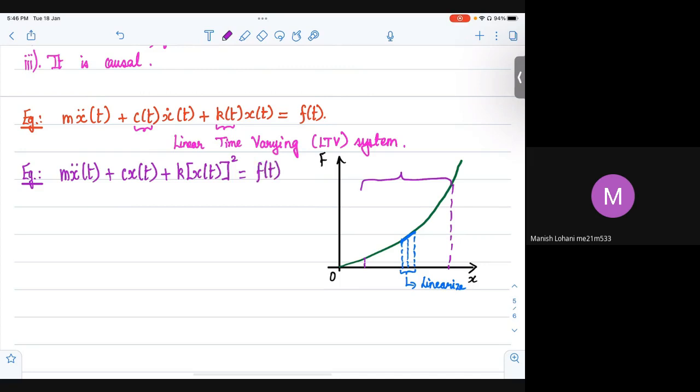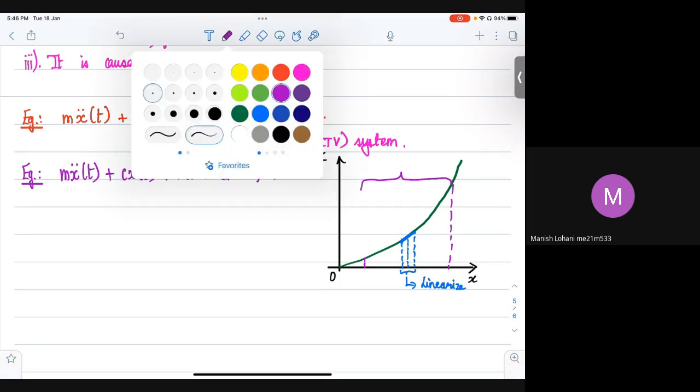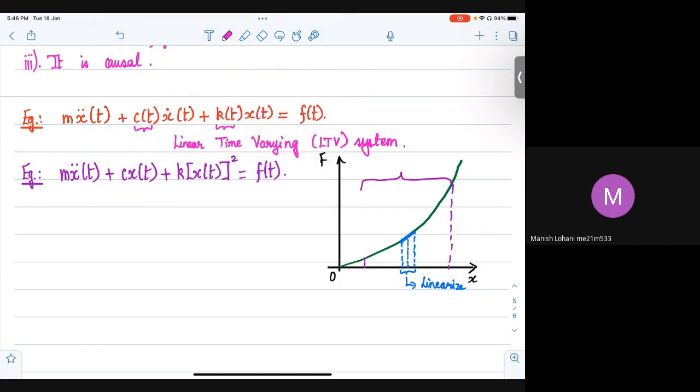Consequently, due to this physical attribute, the system has become non-linear, and so has the ODE. So this has become a non-linear ordinary differential equation. Of course, one could linearize it provided X is in a very small region, and then we can get a linearized model. So that is possible.